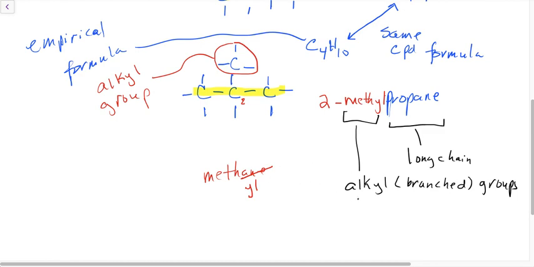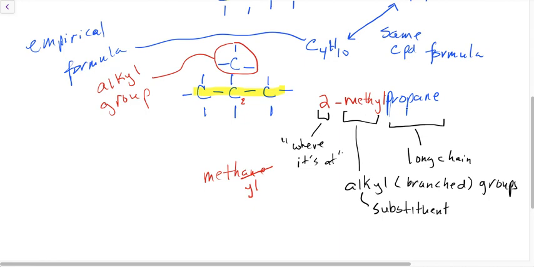Another name for that is a substituent group. And then right here, this is where the alkyl group is.